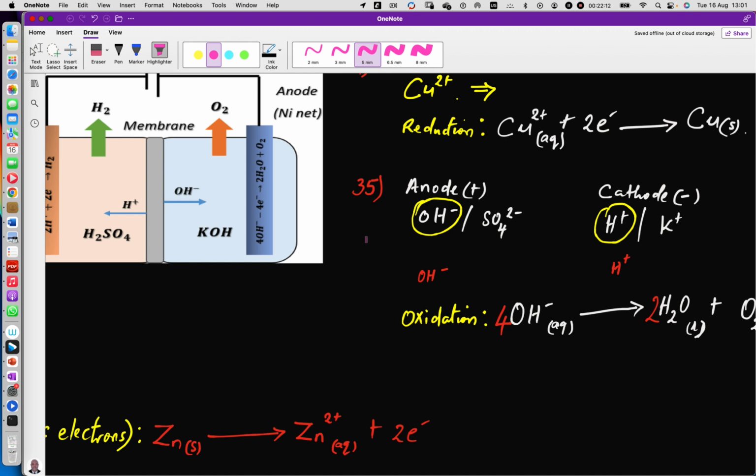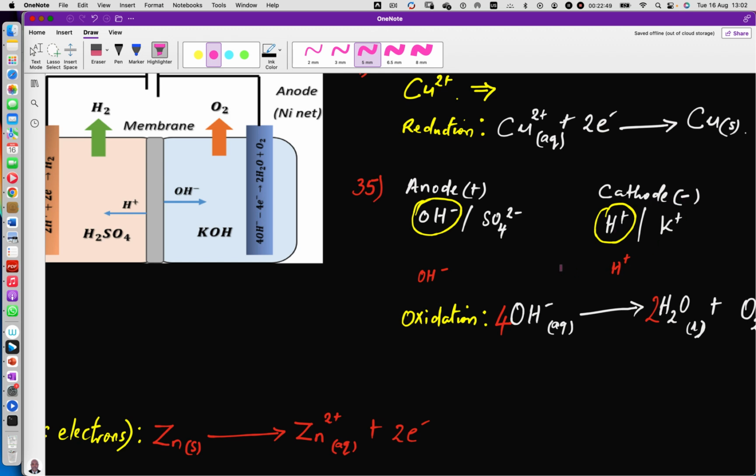In water, we will have two ions: the hydrogen ion and the OH ion, when it dissociates. There are two electrodes, the anode and the cathode. The OH ion will go to the positive electrode, which is the anode, and the hydrogen ion will go to the cathode, which is the negative electrode.